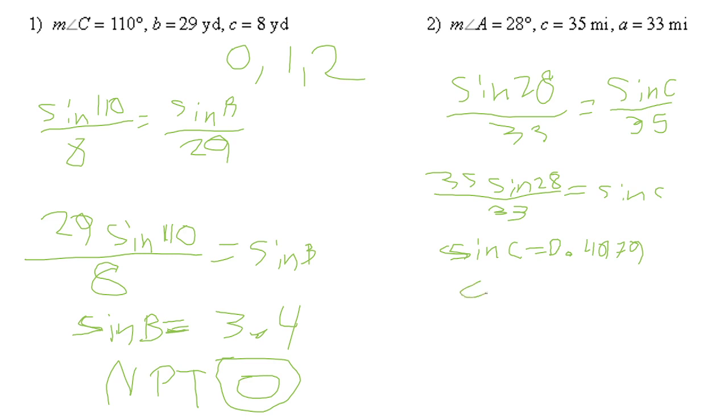So C equals 29.86. All right, then we check, so we know there's at least one triangle. So we keep going, we check to see if there are two possible triangles. So 180 minus the 29.9 gives us 150.13.